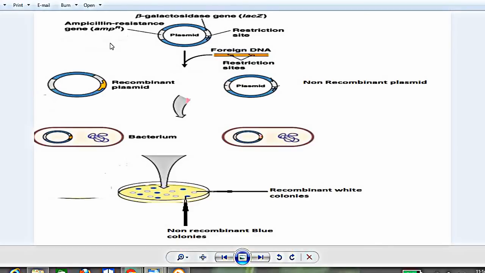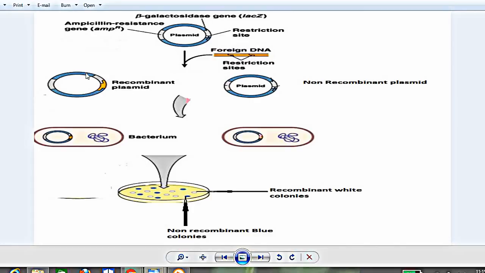So we will cleave the plasmid and our foreign DNA with the restriction enzyme and mix them. In many cases, because of the complementary ends, they bind with each other and the foreign gene gets inserted within the plasmid. While in many cases the plasmid itself recircularizes without the insert of foreign DNA.